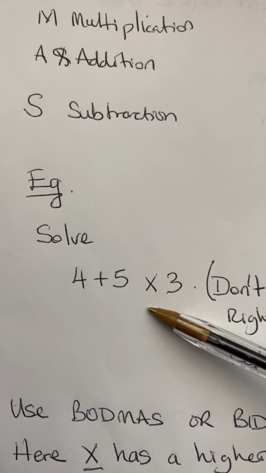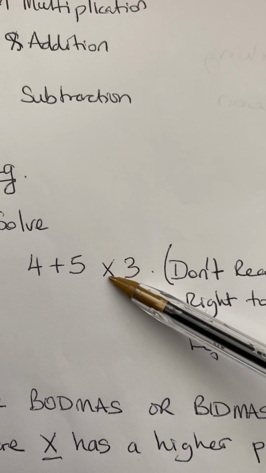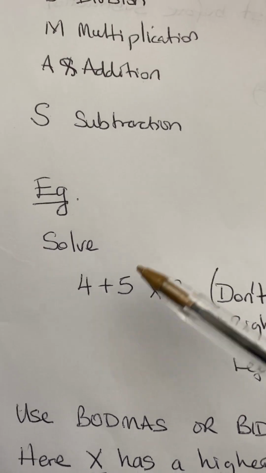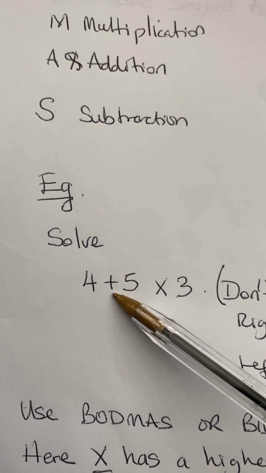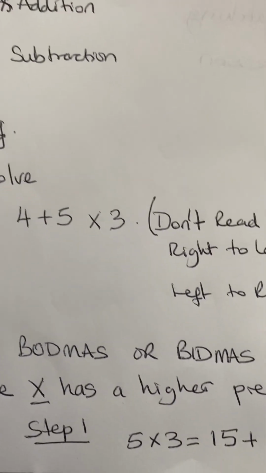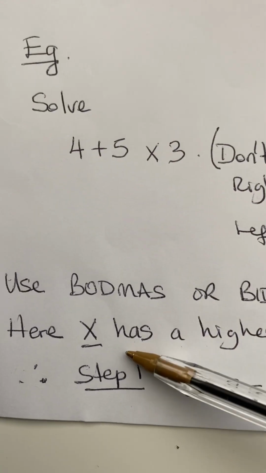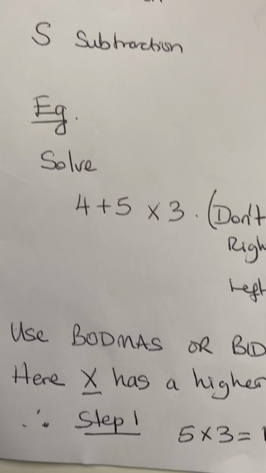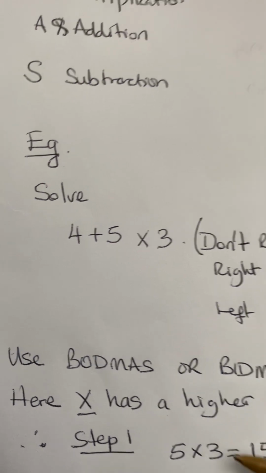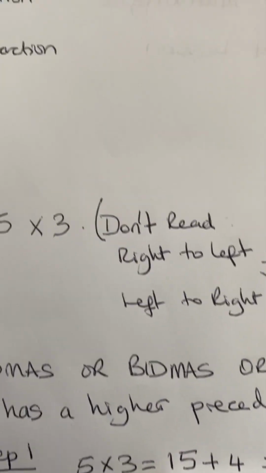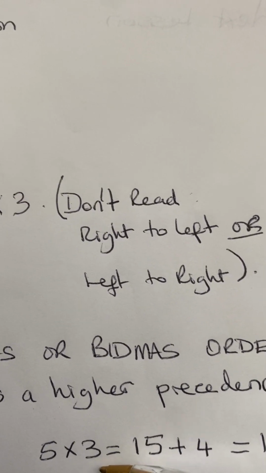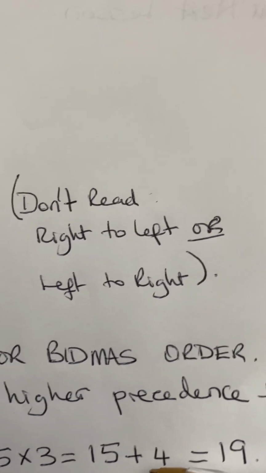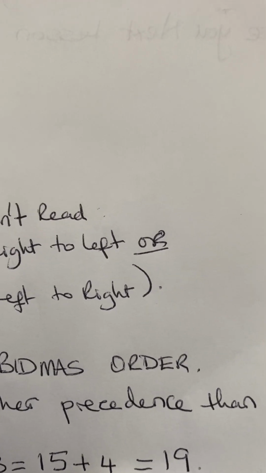As you can see, multiplication has a higher precedence than addition. So your first step will be 5 times 3, which will be equal to 15.